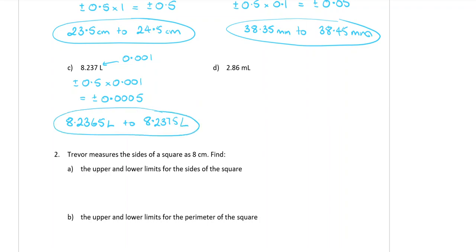Question D. This number here has been rounded to 2 decimal places, which is 0.01. Our limit of accuracy is going to be plus or minus 0.5 times that 0.01, which is 0.005 millilitres.